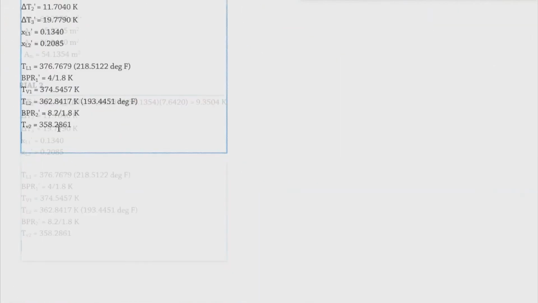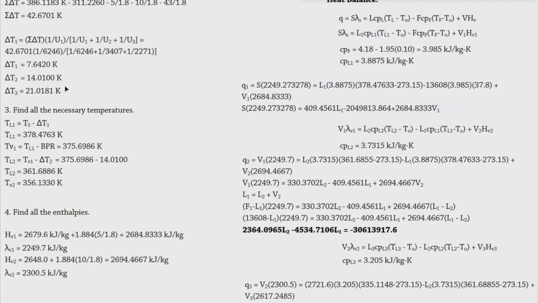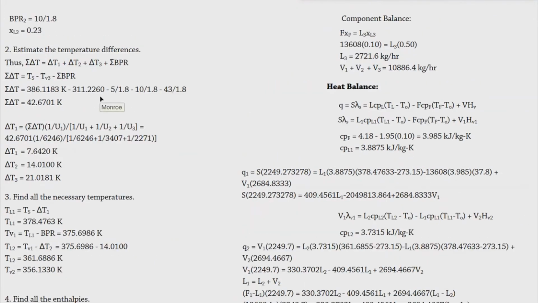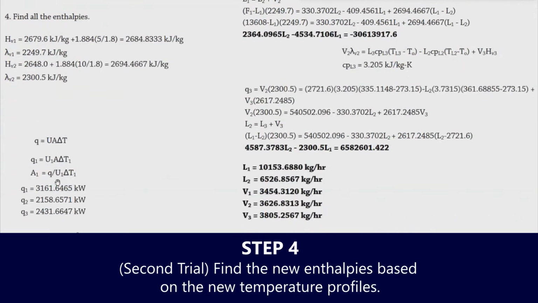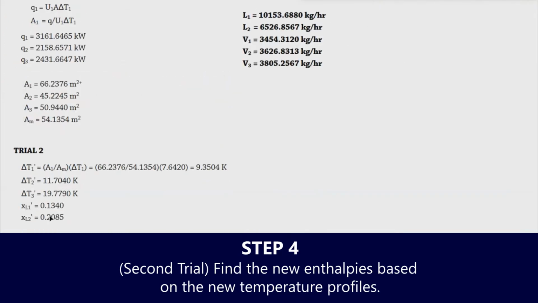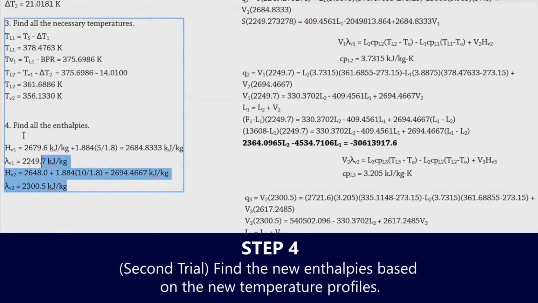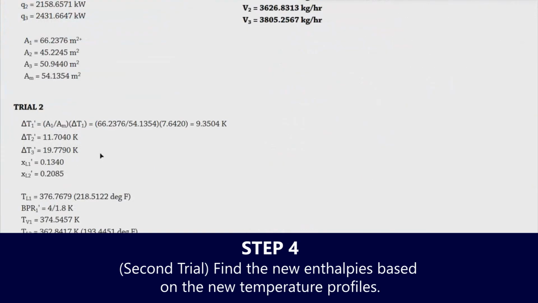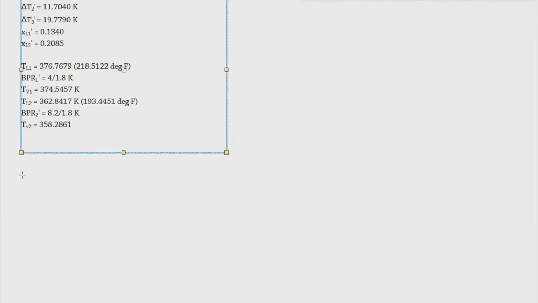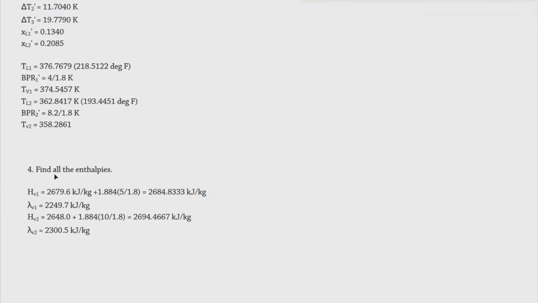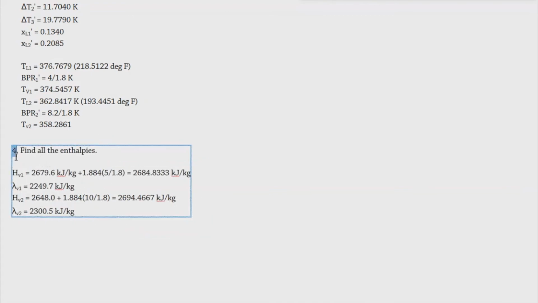Actually, we're done. Okay, so we're done with all the necessary temperatures, and then we need to find now our enthalpies in this case. So with this, let's just copy this and then paste it here so that I don't have to write it again. Okay, so find all the enthalpies. So that's our next step.